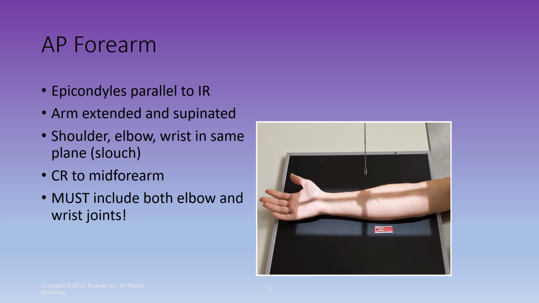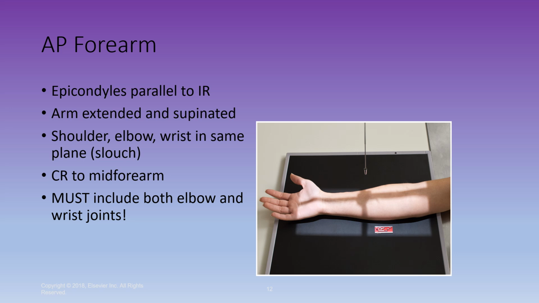Okay. Patient is seated at the end of the table with their arm and hand fully extended and palm up. Ideally, when they're seated at the end of the table, they're not facing the table. They're either facing to the right or the left, depending on which forearm is injured.